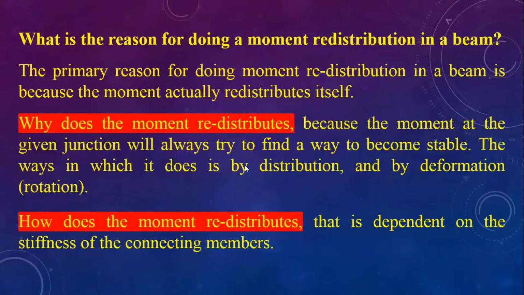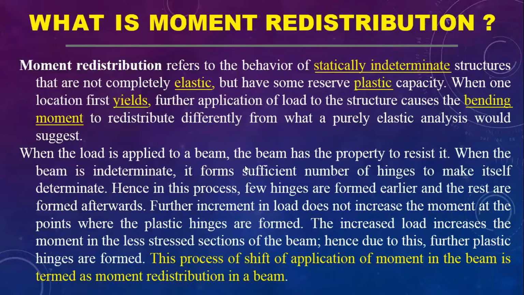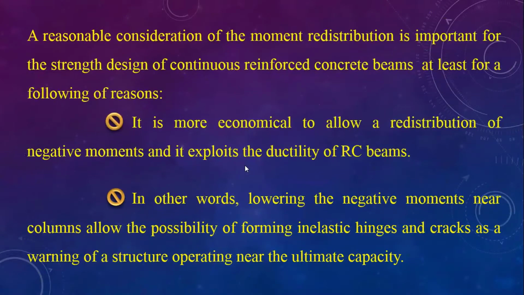So we have seen the concept of moment redistribution. It refers to the statically indeterminate behavior of a structure which is not completely elastic but has some reserve plastic capacity, and it is all about forming hinges, few earlier, few afterwards. The increased load increases the moment in the less stressed section of the beam, and due to this further plastic hinges are formed, and the process of shifting the application of moments in the beam is called redistribution of moments. And why do this? It is more economical, allows redistribution of negative moments and exploits the ductility of RC beams.